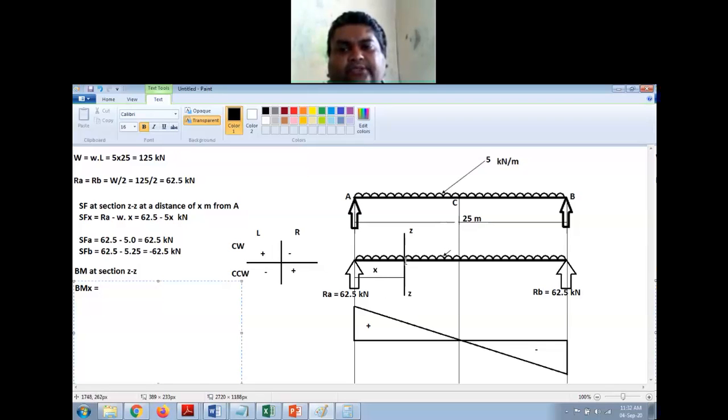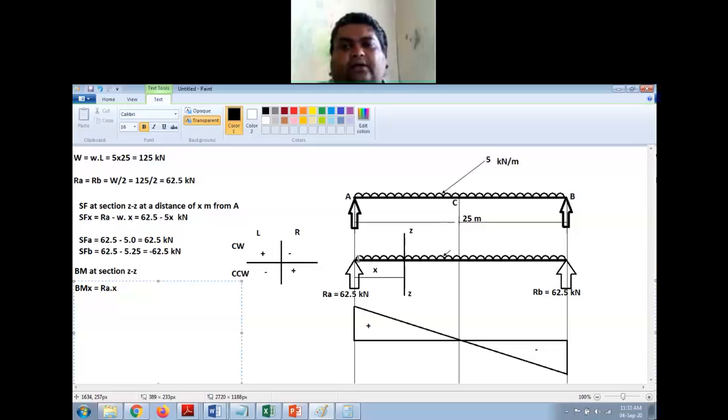This is my section at distance X. So it is on the left side making clockwise moment, left side clockwise moment, it will be positive, and the value of that is RA into X, right? RA is the magnitude of the force and X is the perpendicular distance.